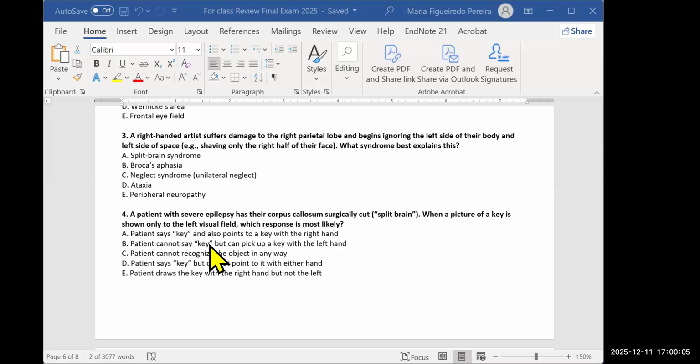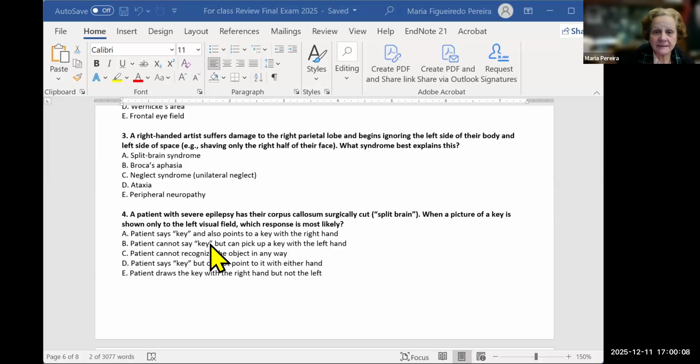Professor, can you re-explain that, please? Yes, because remember, what side of the brain holds the language centers? Broca and Wernicke are on the left side of the brain, right? So if the left eye is active, it goes through the optic nerve to the right side of the brain, to the visual center in the right occipital lobe, but the information cannot cross over to the left side, where the Broca and Wernicke areas are.